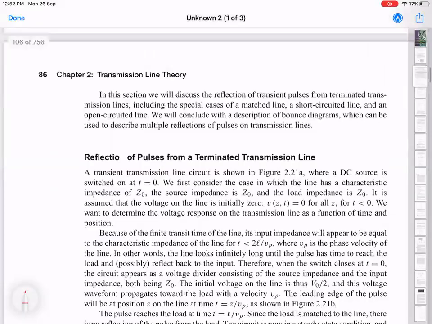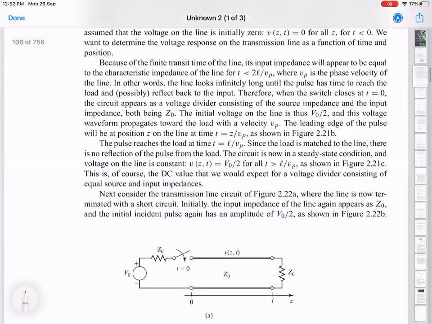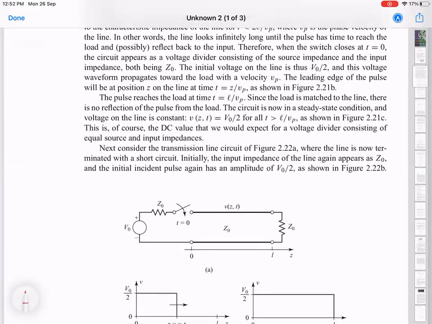So here are some examples of how to think about this. So what is this scenario? You have a DC voltage source here. So this is just some fixed voltage. It has a source impedance Z0, and it is connected to a finite length of transmission line of characteristic impedance Z0.